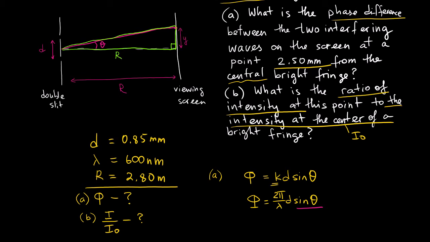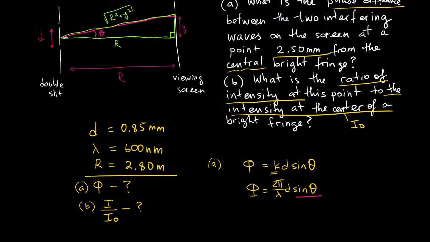So the hypotenuse would be the square root of r squared plus y squared. So from here I can find the sine theta. I can write sine theta equals y over the square root of r squared plus y squared.